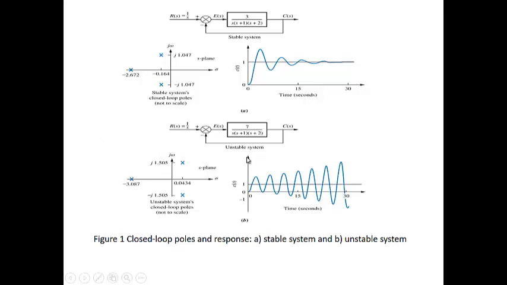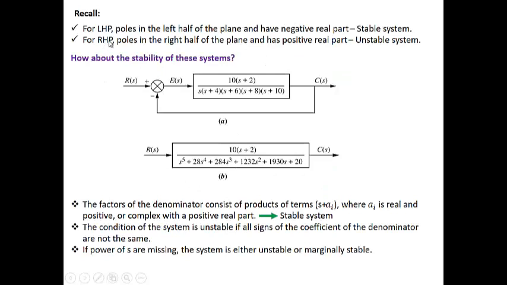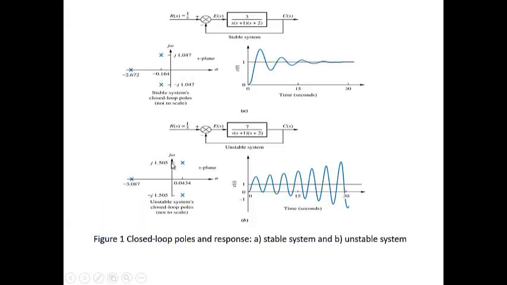Manakala untuk unstable system, kita akan nampak di sini the root that appears in the transfer function is going to the right of the j omega plane. So from that, poles in the right half of the plane, which have a positive real part, we consider as an unstable system.